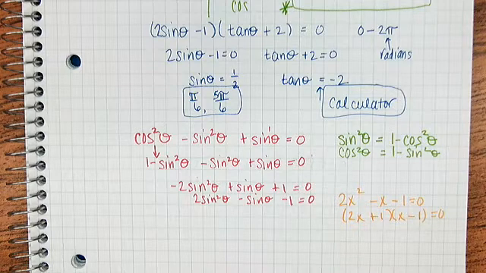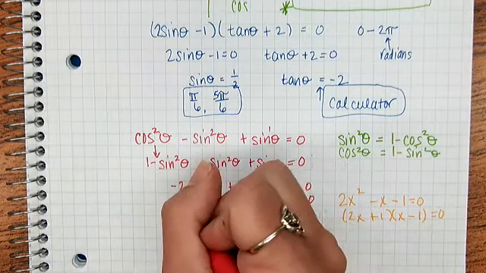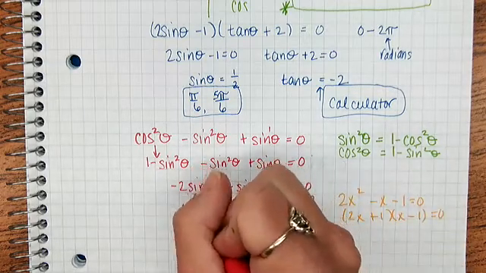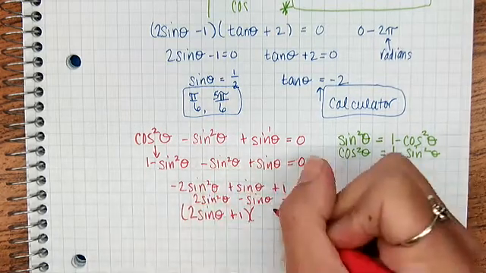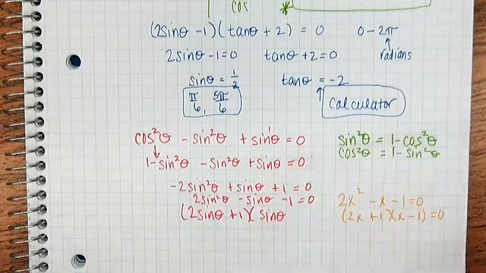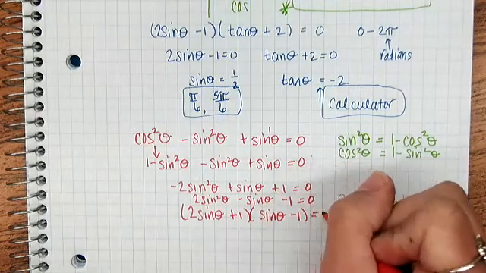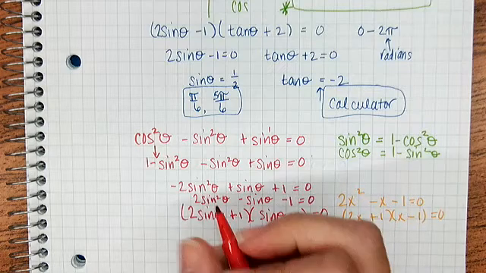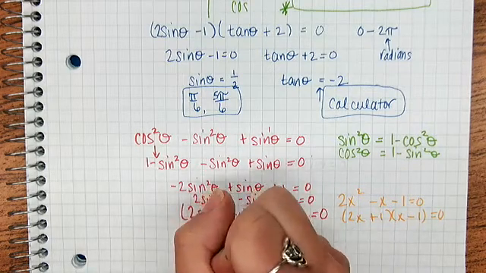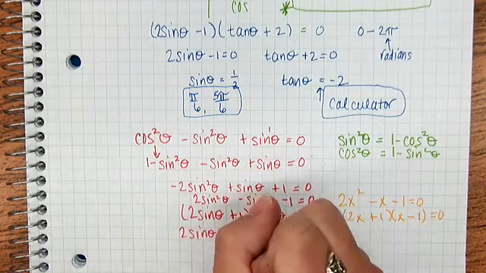Okay, well, instead of using x, I'm going to use sine. So this is going to factor as 2 sine theta plus 1 times sine theta minus 1. And now use the zero product property. 2 sine theta plus 1 is 0.